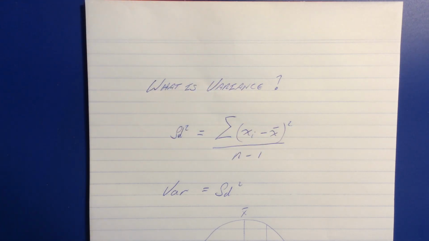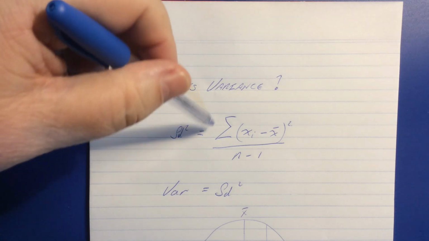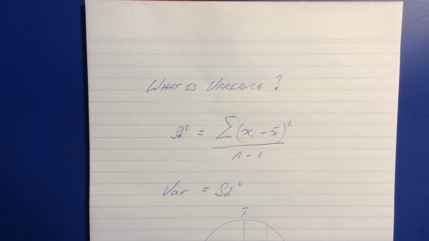Now, the keen amongst you will observe that if I had put a square root sign around this, I would have had the formula for a standard deviation, and indeed there's a relationship between them, and you can see that set out here. The variance is equal to the standard deviation squared.